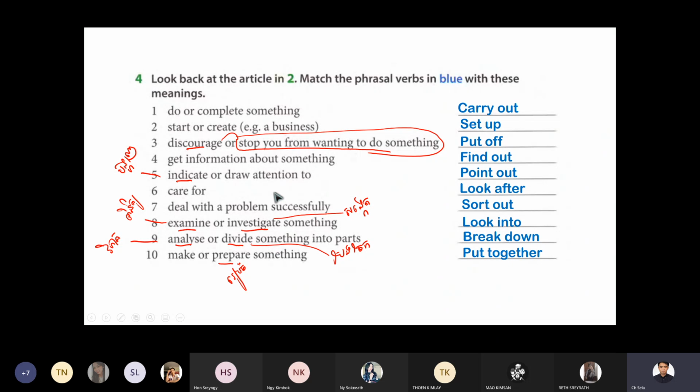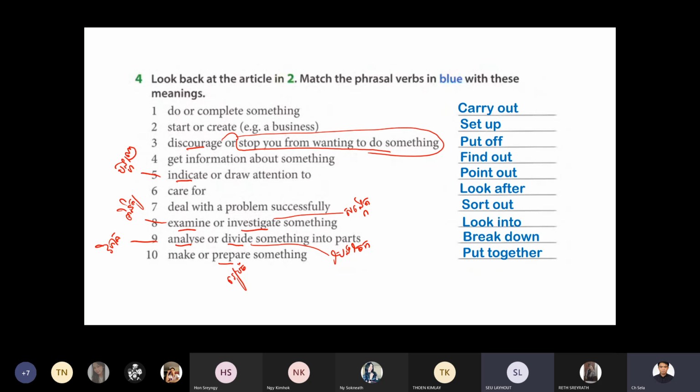Okay, can you read again, please? Follow the way I read. For a look back at the article on 2 March, the phrasal verbs include these meanings. 1. Do or complete something: carry out. 2. Start or create: set up. 3. Discourage or stop you from wanting to do something: put off. 4.